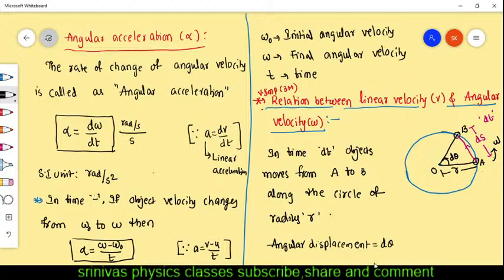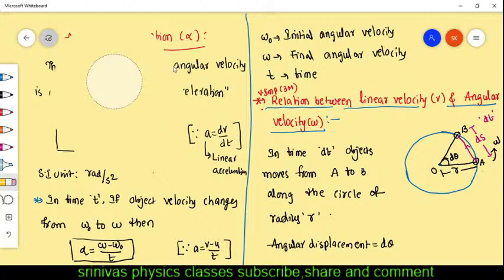Now I'm going to erase the left side. I want to derive the relation between the linear velocity and angular velocity. You watch regularly and see the continuity and where I am rubbing.